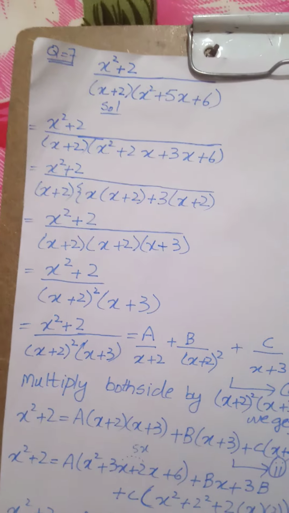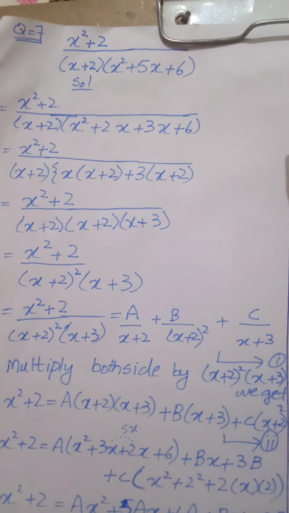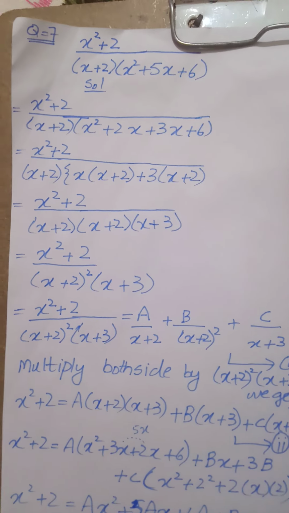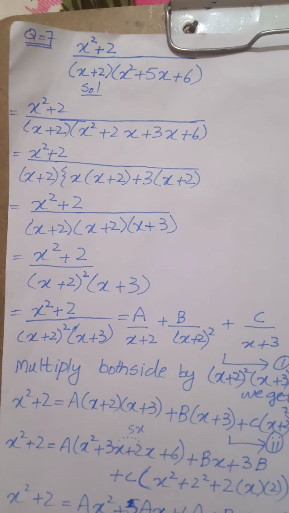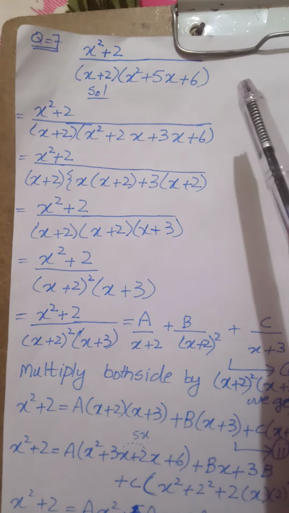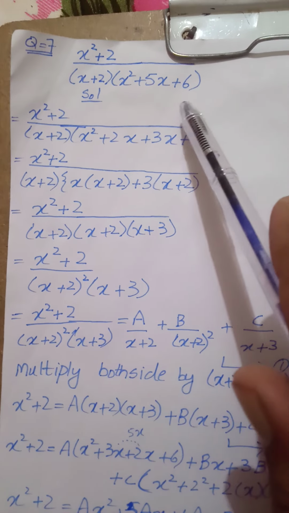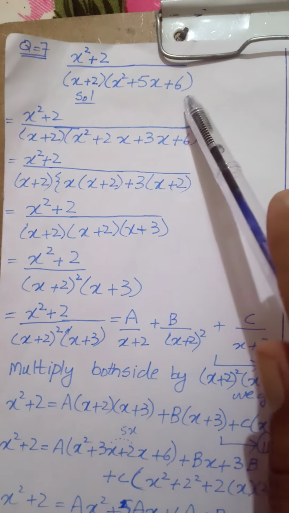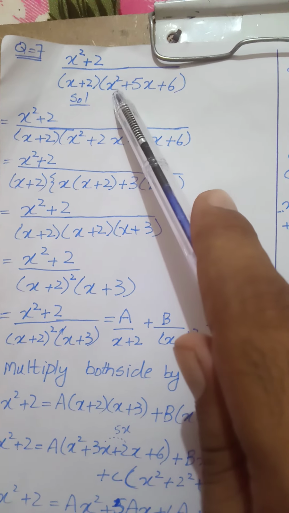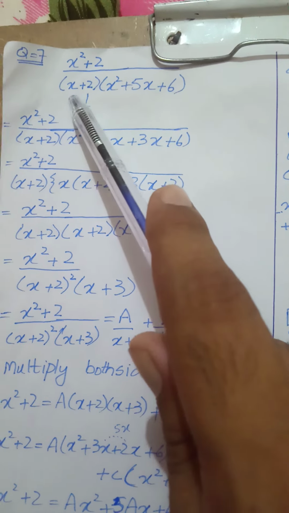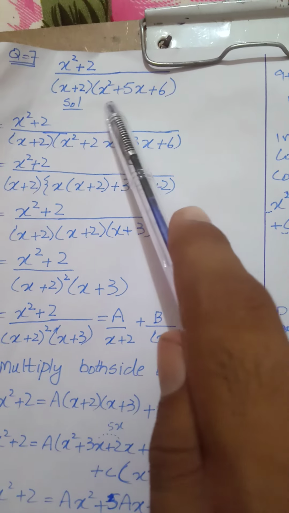plus 6. Before starting this chapter we discussed the cases of partial fractions corresponding to their denominator. Now this is one of the cases in which the denominator is a combination of a linear equation and a quadratic equation.